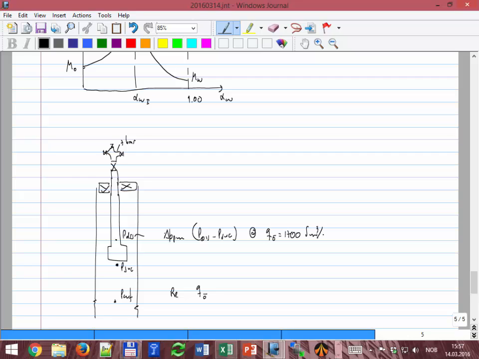at a rate of 1700 standard cubic meter per day. Okay, very simple. Or put it in some other graphical way. I'm calculating pressure versus Q. That will be at a wellhead pressure of 7 bar, and this will be the pressure at the discharge of the pump, and this will be pressure at the suction of the pump.